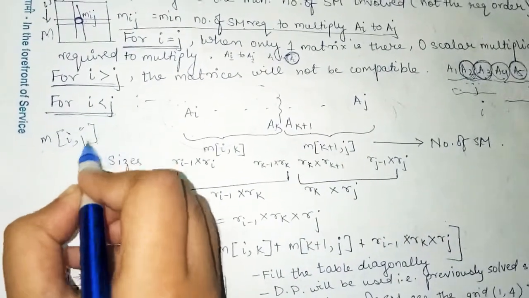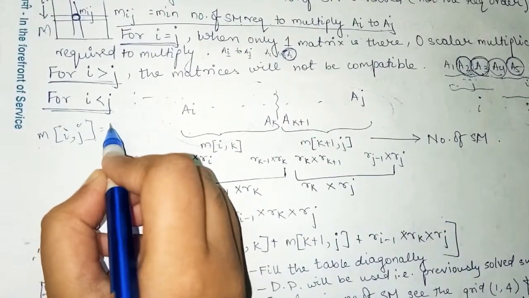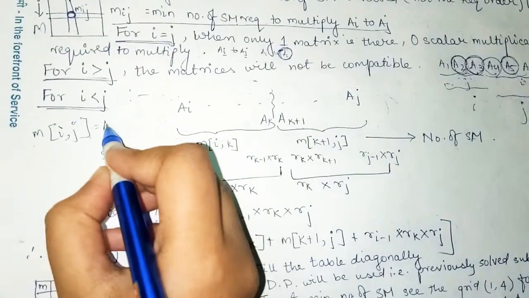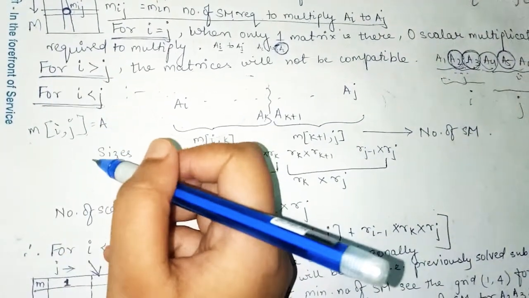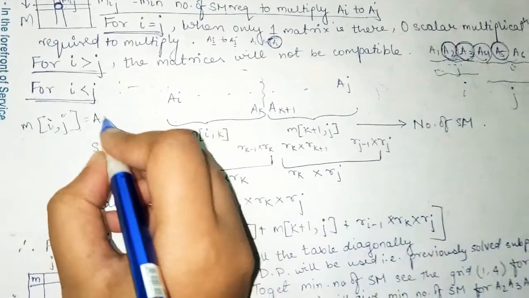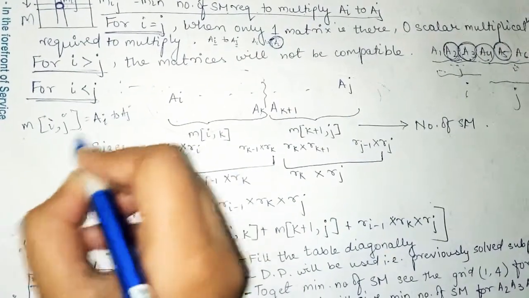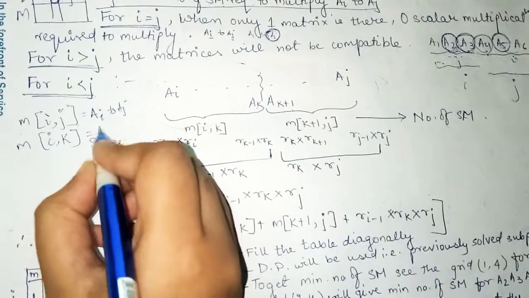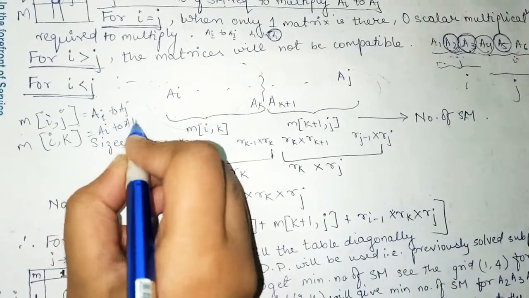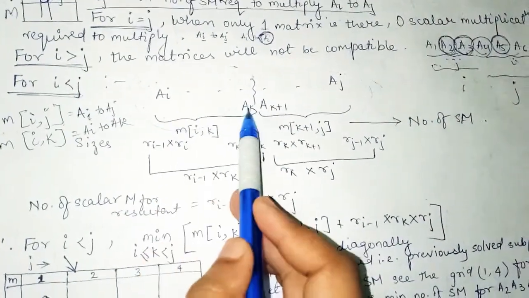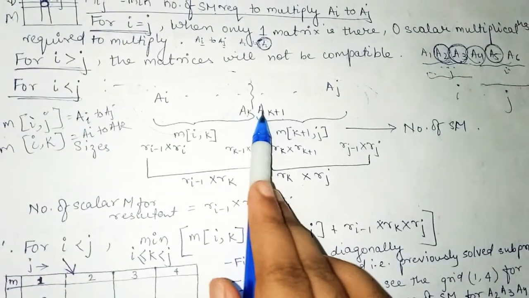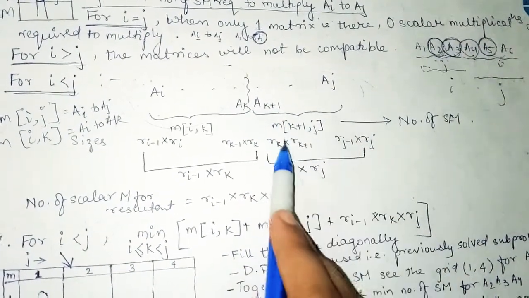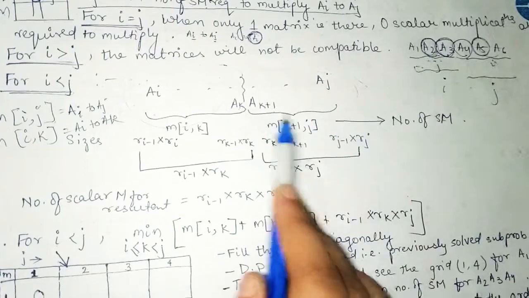If m(i, j) represents the minimum number of scalar multiplications for multiplying the matrices from Ai to Aj, then m(i, k) will represent Ai to Ak, what we are doing here. And similarly, Ak+1 to j will be this number of scalar multiplications.